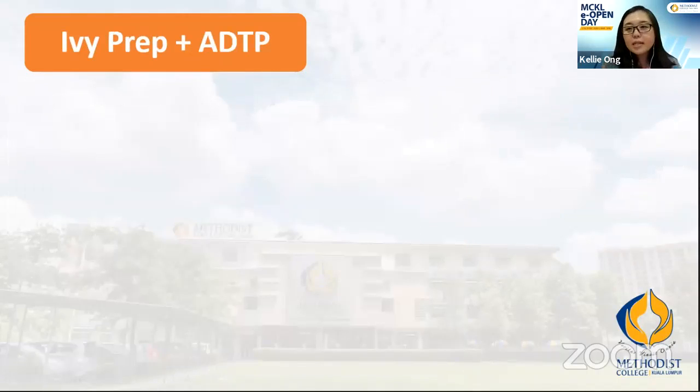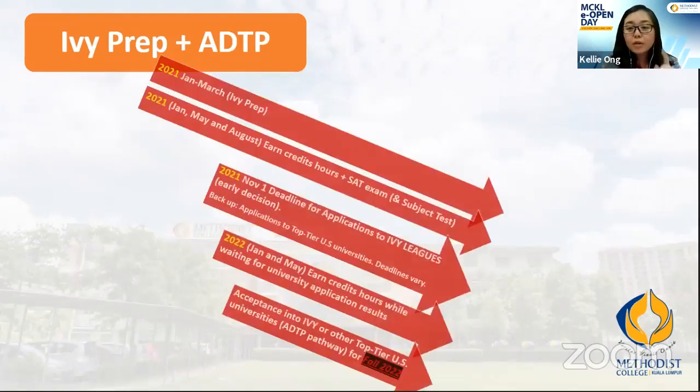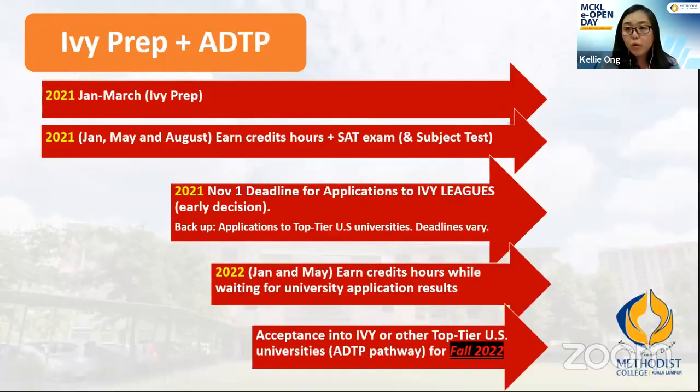So how does IB prep help in ADTP? Apart from scholarship requirements or even application requirements, typically, just FYI, for transfer students, you may not necessarily need SAT, but sometimes it may be required for certain majors. So if a student picks up the IB prep, they will be preparing for the SAT exams. And while preparing for SAT exams, they can still earn credit hours through ADTP and then also sit for it.